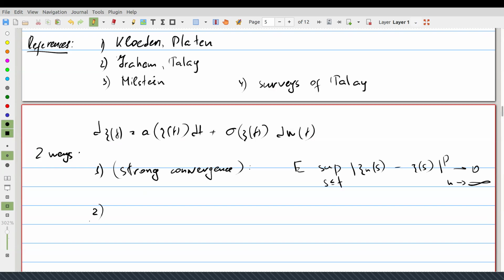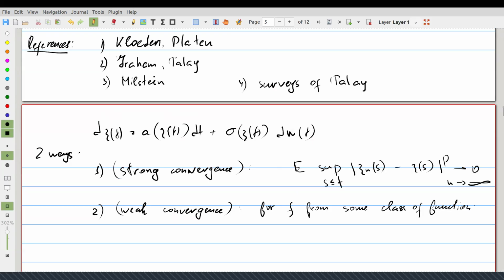However, in practice, especially in connection with PDEs, you want to speak about convergence of functionals of solutions for some functions from some class of functions. You want your solutions to converge to the mathematical expectation.